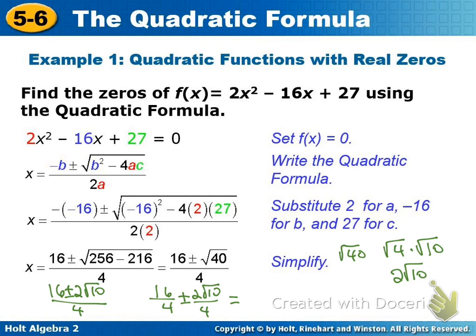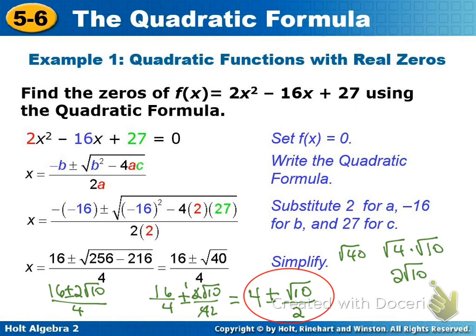So what can we do with 16 over 4? That would give you a 4. Now, what can we do here? This is a fraction, so can we reduce it? Yes, we can. What divides into both of them? 2. So 2 divided by 2 is 1, and 4 divided by 2 is 2. So then that would be the plus or minus square root of 10 over your 2.